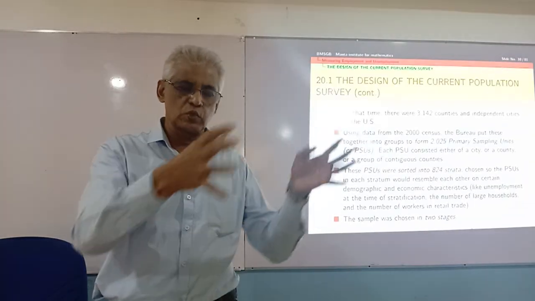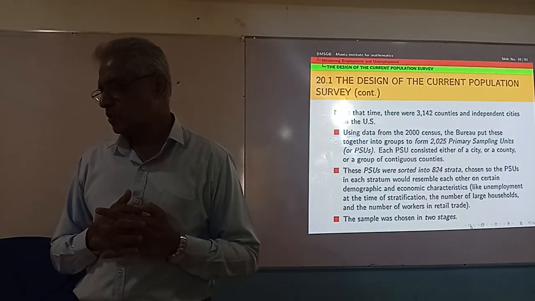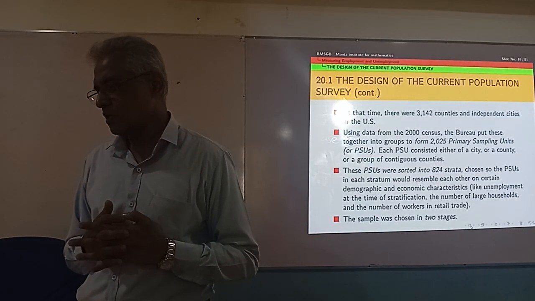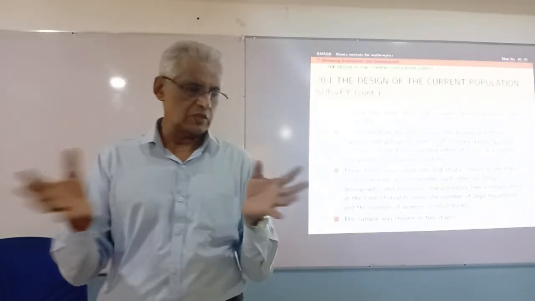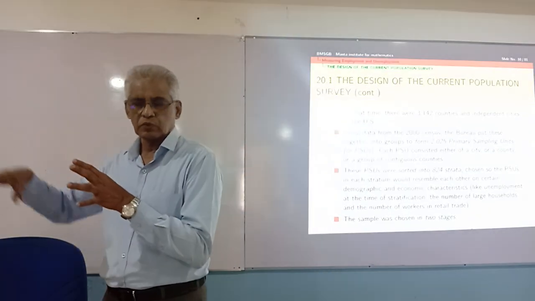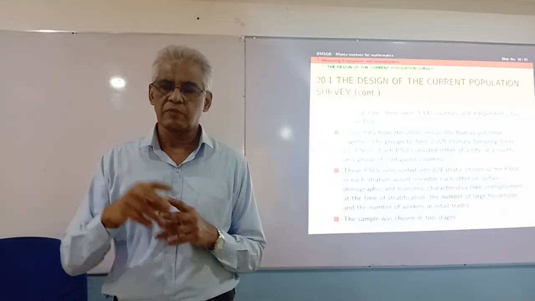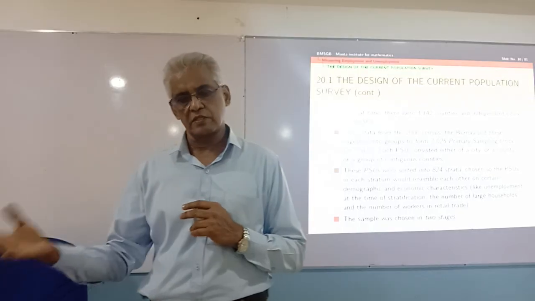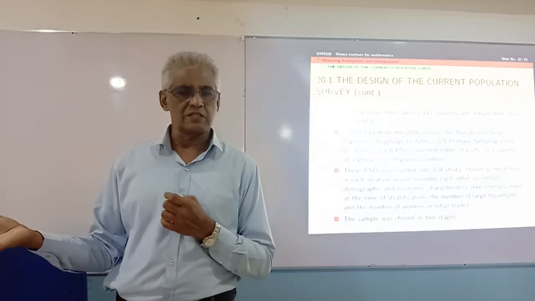These PSUs were grouped into several strata, chosen so that the PSUs in each stratum would resemble each other on certain demographic and economic characteristics. Whenever you group them into strata, remember in the previous class I mentioned two words: stratum is the singular word, strata is the plural word, and there's another word called cluster, right?